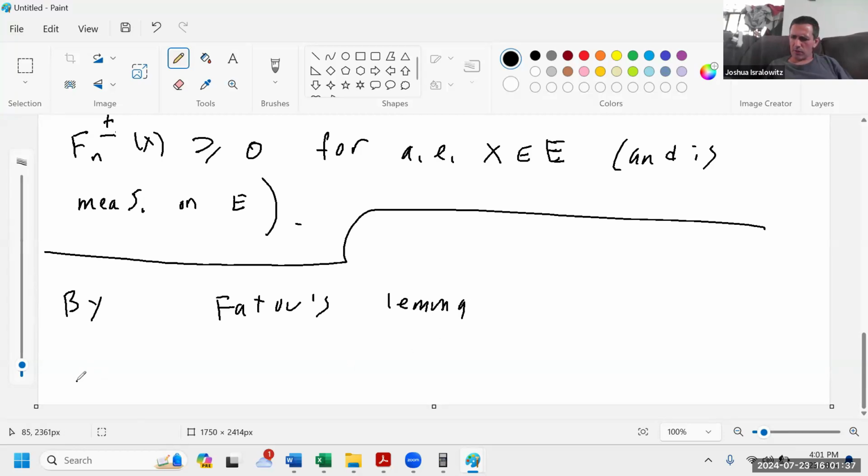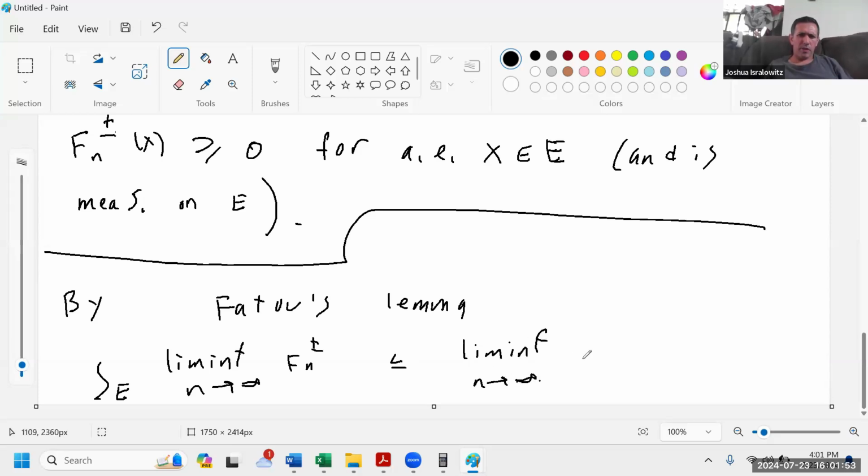All right, so what's Fatou's lemma? And we'll see what the left-hand side and what the right-hand side each are. So this is Fatou's lemma.